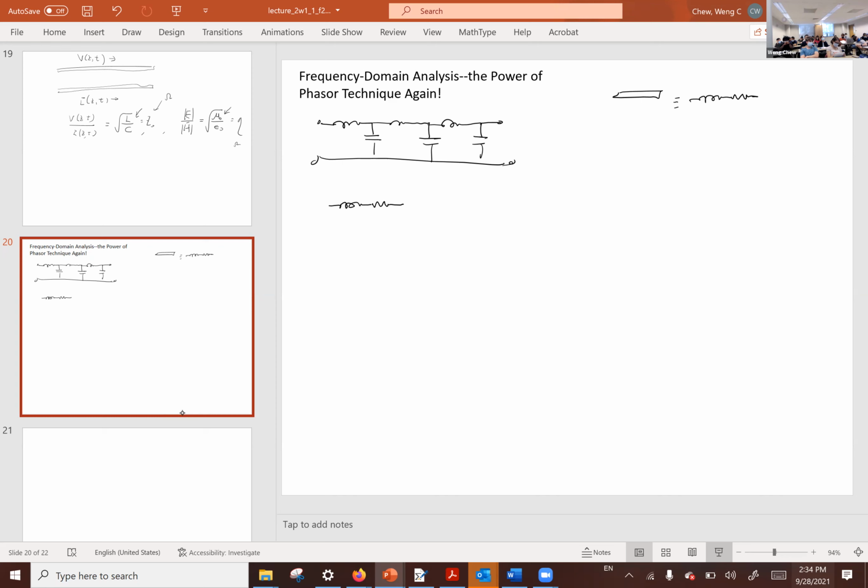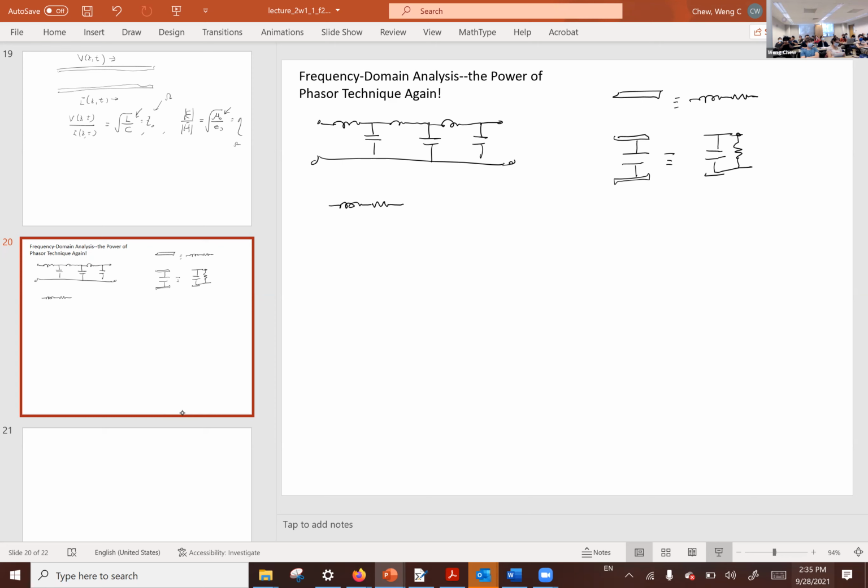Okay, and then with a capacitor, if we have some loss, two pieces of metal make a capacitor, but that capacitor has some leakage.